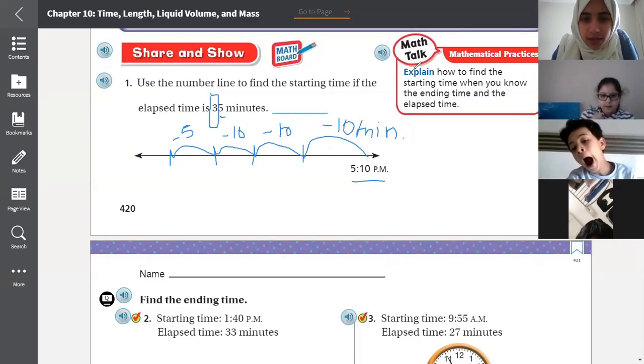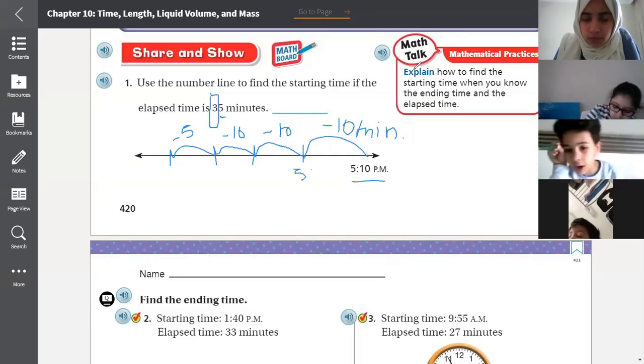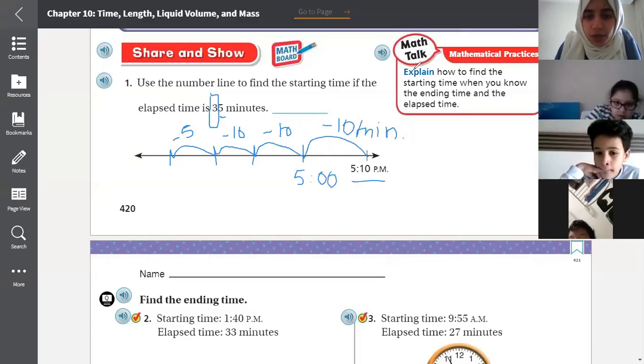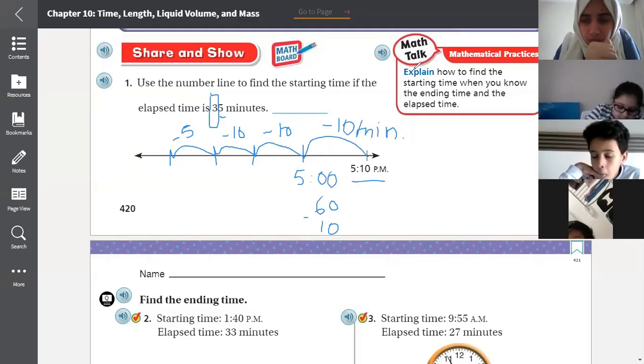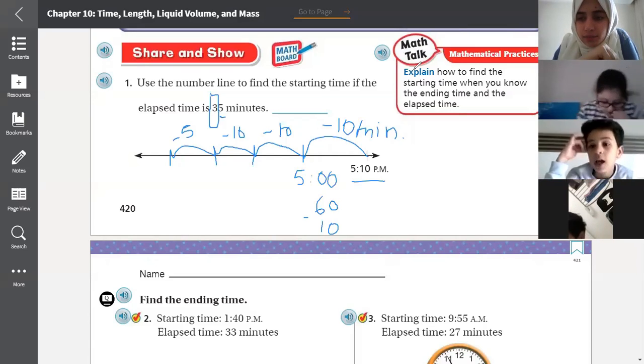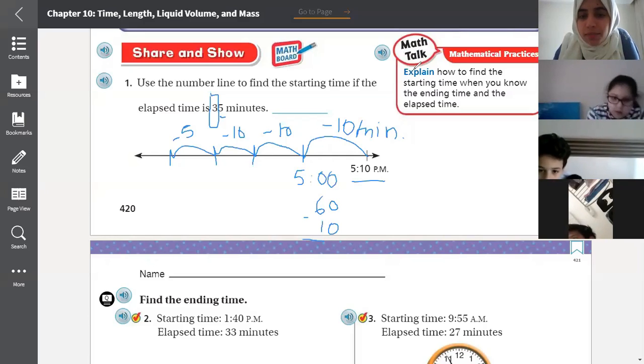Okay. So we know that 10 minus 10 is 0. So I will put 0 in my minutes here. And I know 0 is 60, so 60 minus 10 is, wait, it is 70? No, we're subtracting, not adding.